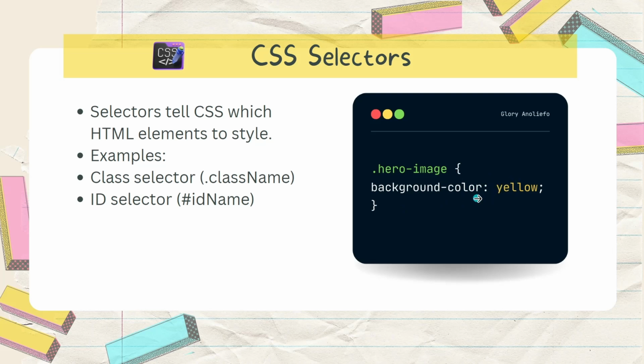Some other common properties are color, font size, and whatever property you set. There are lots of properties that we have. You can combine multiple declarations within one declaration block. It's possible to do that.